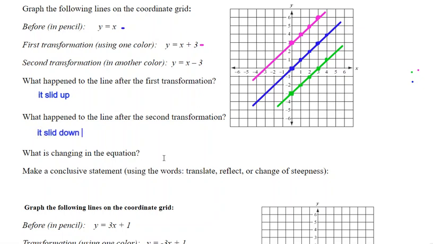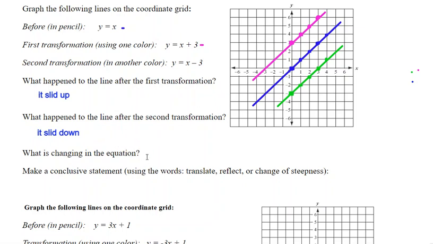So what is changing in the equation? If I look at my equations, y equals x is my parent function, then y equals x plus 3, and y equals x minus 3. What is changing? The slope is staying the same. The y-intercept is changing. They added 3 to slide it up. On the next one, they subtracted 3 to slide it down.